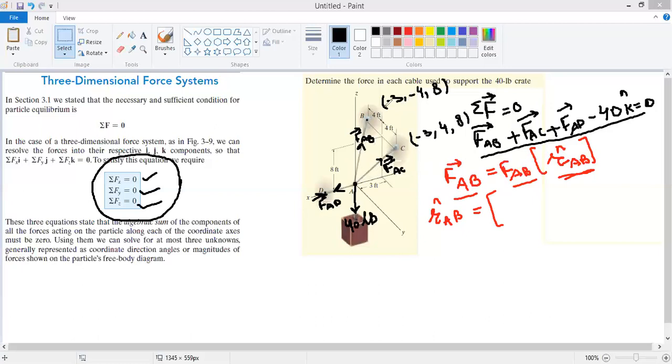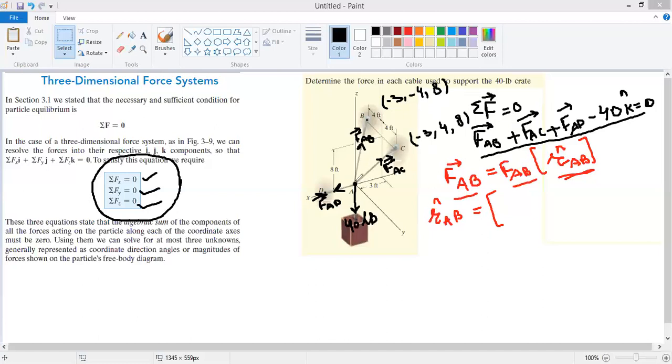That is, we can write down a vector from A to B. We know a vector from A to B can be written as its components having -3 along the x-axis, -4 along the y-axis, and 8 along the z-axis. Dividing by the total magnitude will give us the unit vector from A to B.